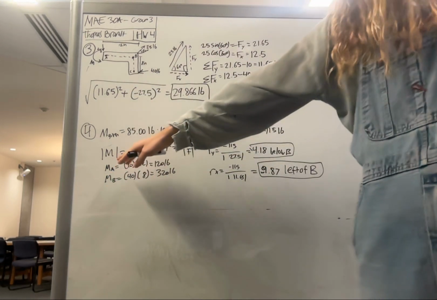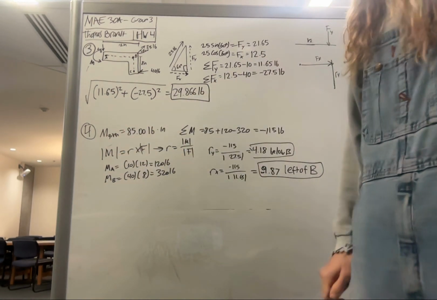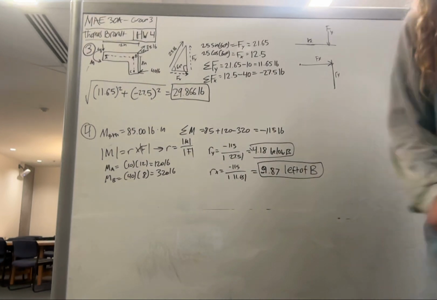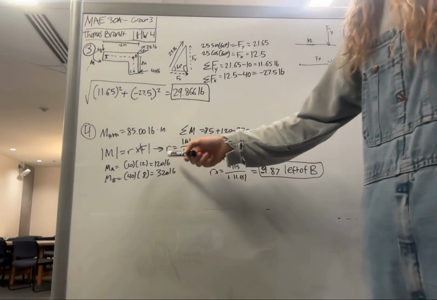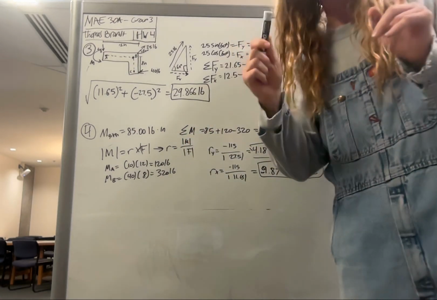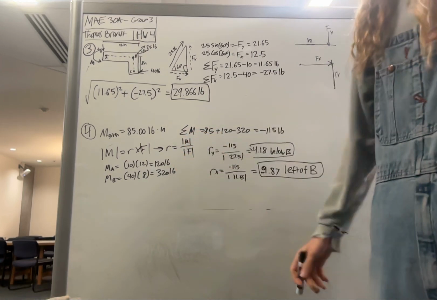So we're going to rearrange this equation that we know and love: M is equal to r cross F. So we'll get r is equal to the absolute value of M over the absolute value of F. The absolute value is important here.